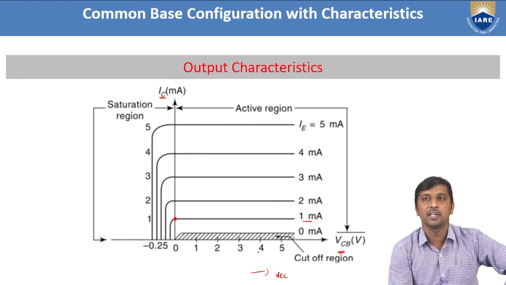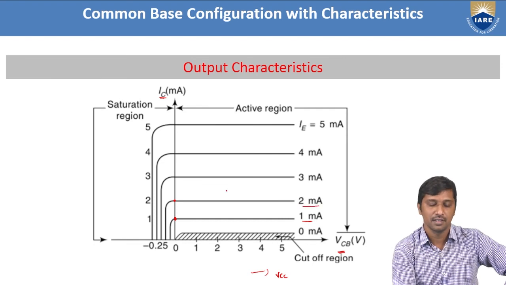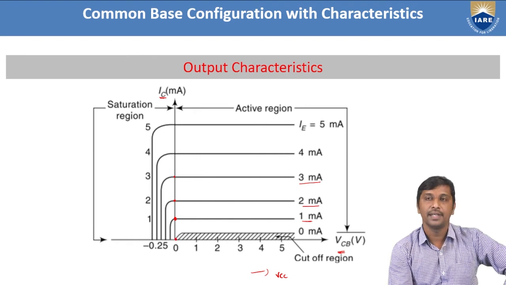What happens is VCB also changes proportionally, but the collector current becomes equal to the emitter current. That is the reason a constant current flows through this transistor. Suppose IE is 2 milliamperes, then the collector current is also trying to reach 2 milliamperes. If IE is 3 milliamperes, it is trying to reach 3 milliamperes. And this is the voltage biasing through VCC.